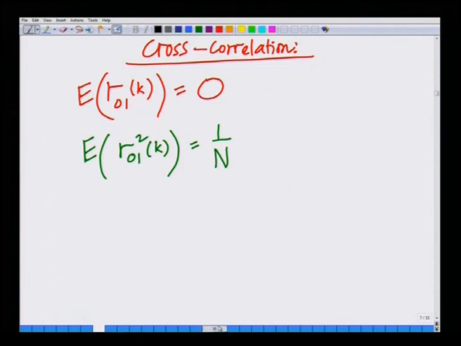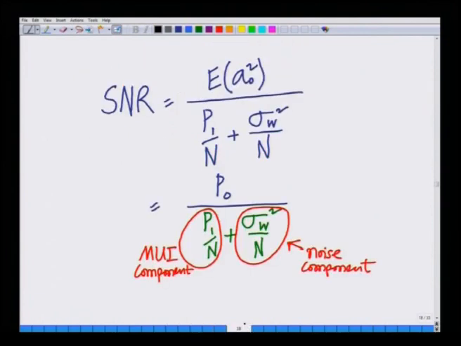We also said that if I look at the SNR of the downlink at user 0 in a 2 user CDMA system with user 0 at power P0, user 1 at power P1, then the SNR is P0 over P1 plus n. So, I have a multi-user interference component arising from user 1.